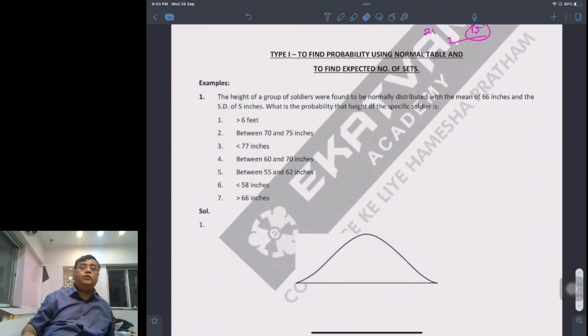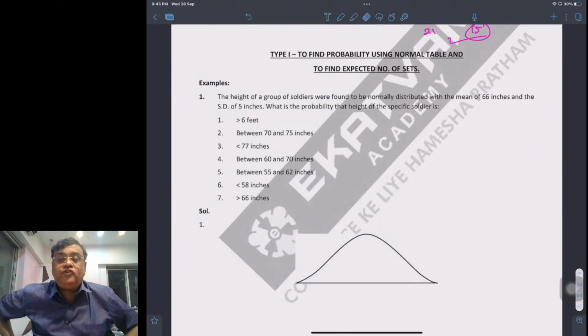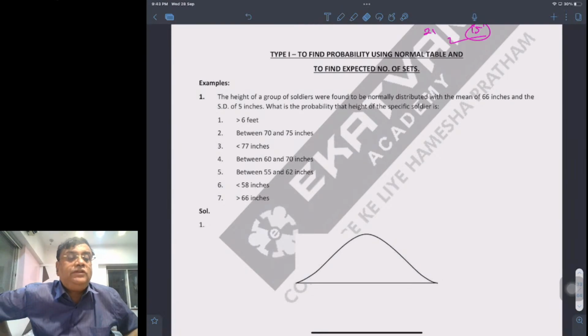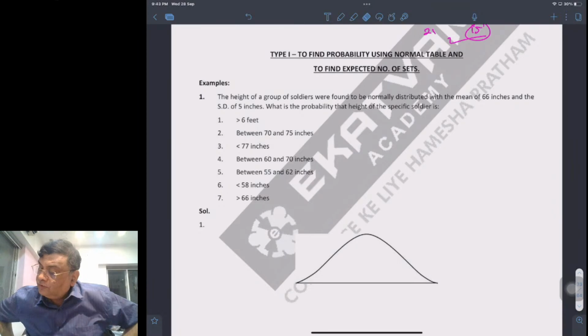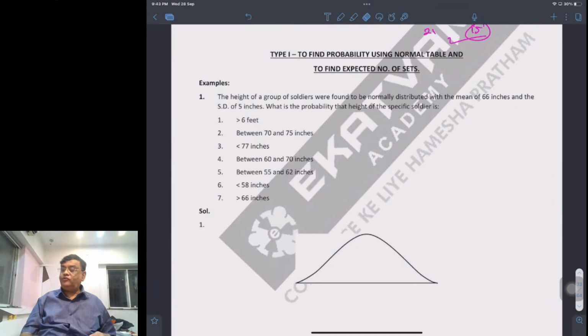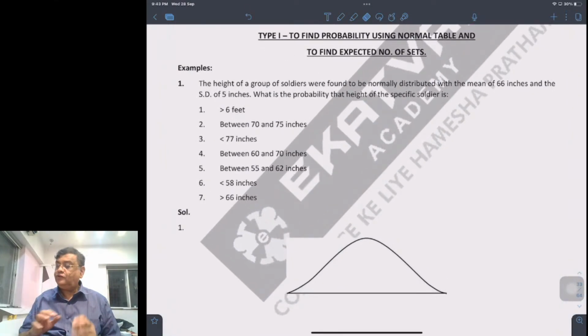The height of a group of soldiers. A question like this is expected in the exam, to find the probability using the normal distribution table. The height of a group of soldiers is found to be normally distributed with a mean of 66 inches and a standard deviation of 5 inches.